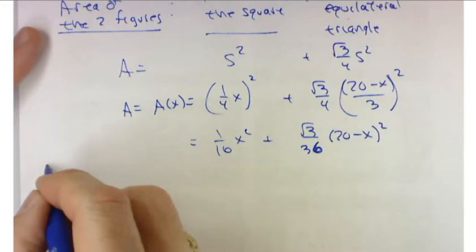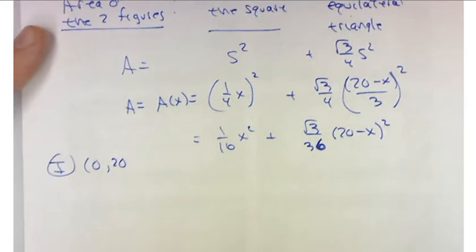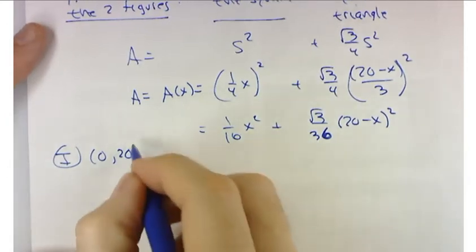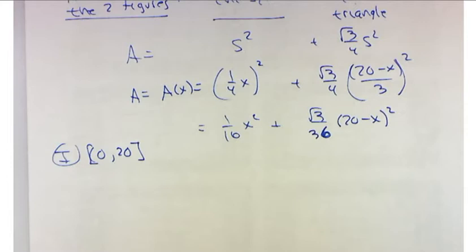So the interval would be 0 to 20. Actually, we could probably include the endpoints here, because if you include the endpoints, basically you're saying I'm going to put all the material in the square or all the material in the triangle, one or the other. Let's see what actually maximizes this.